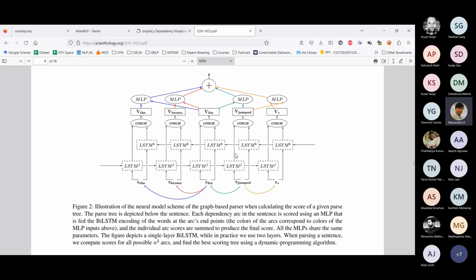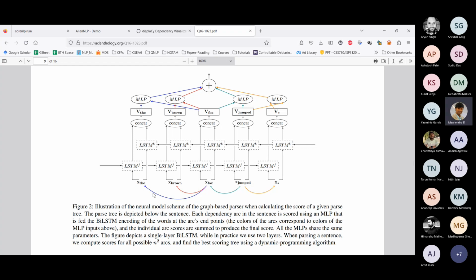Okay, now suppose y is a valid dependency tree. In that valid dependency tree, there will be certain arcs. Here, these are the different arcs, marked in different colors. So the total score for the entire parse tree will be the sum of the scores of its edges.